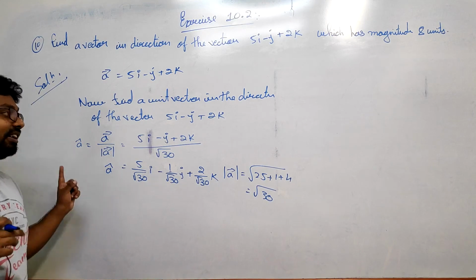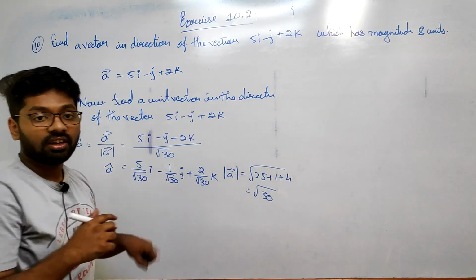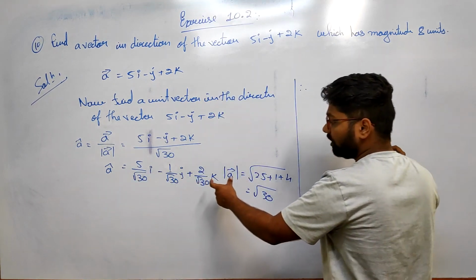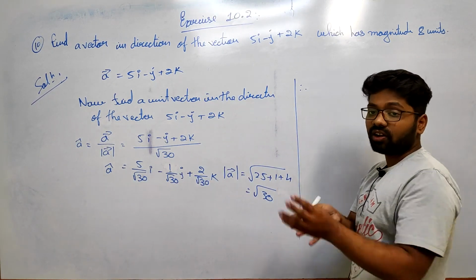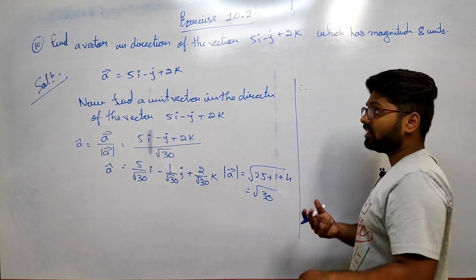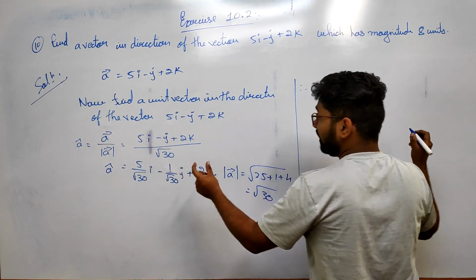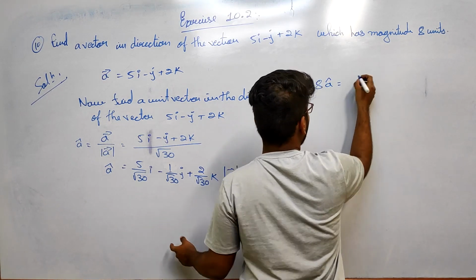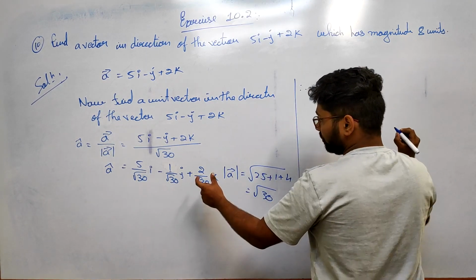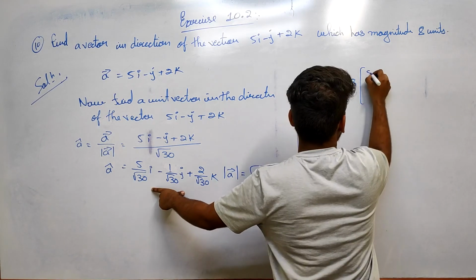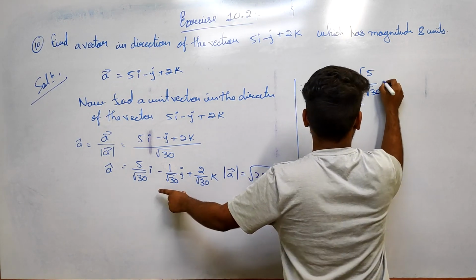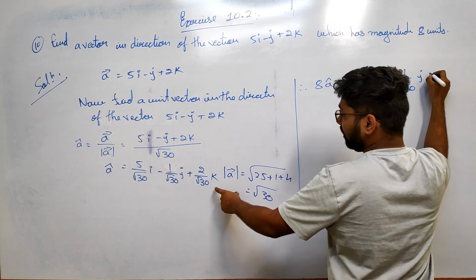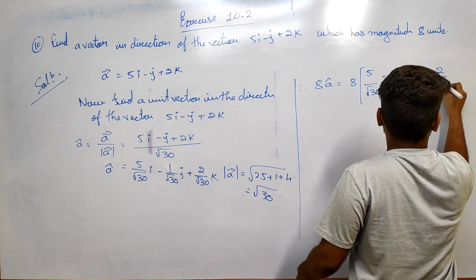Now you have to find a vector which has magnitude 8 units. So therefore what we'll do: the magnitude of a unit vector will be 1. So if you multiply 1 by 8, you get 8 units, so a vector of 8 units will come out. So therefore 8 into a cap is nothing but 8 into this: 5 by root 30 i minus 1 by root 30 j plus 2 by root 30 k.